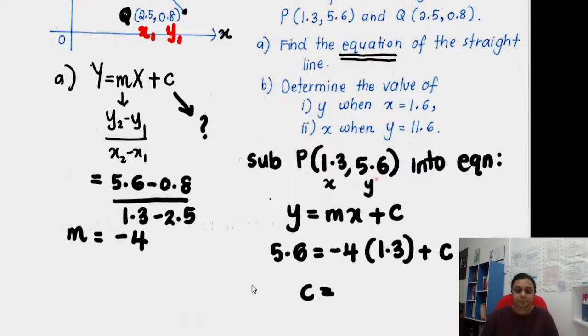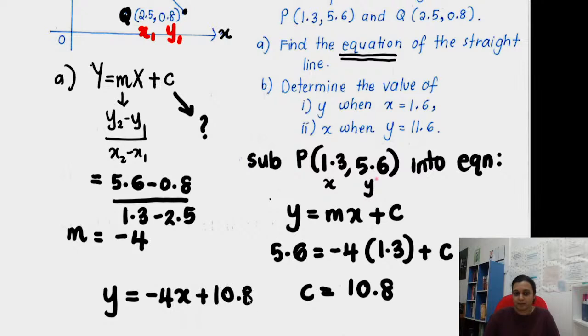Okay. C dapat 10.8. Alright, so since you already got the answer, now you can write y equals to negative 4x plus 10.8. So this is the equation. Persamaan. Okay, you already got the persamaan.